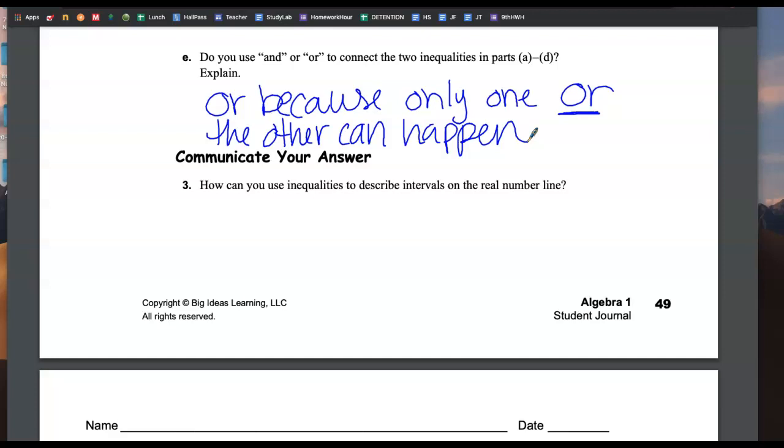Okay, so number 3 was talking about how can you use inequalities to describe intervals on a real number line. I just want to say how can we use inequalities to describe intervals. What would be a real world example where maybe this would be applied?